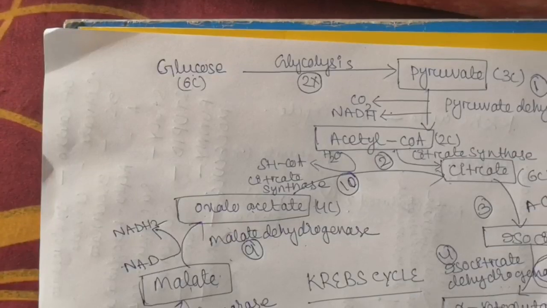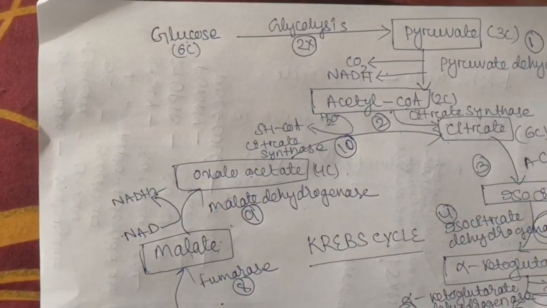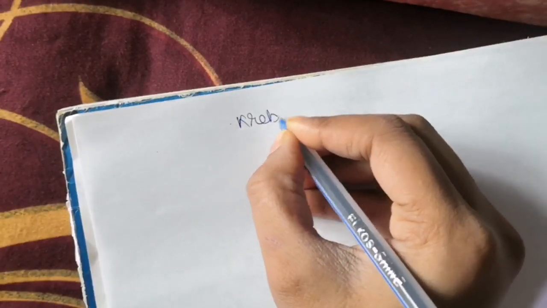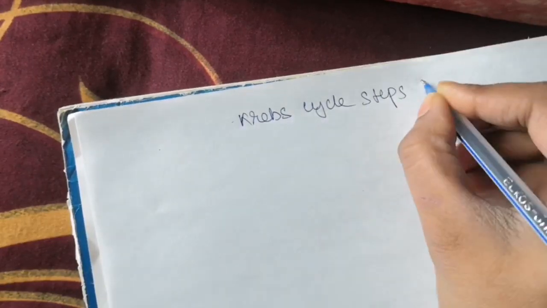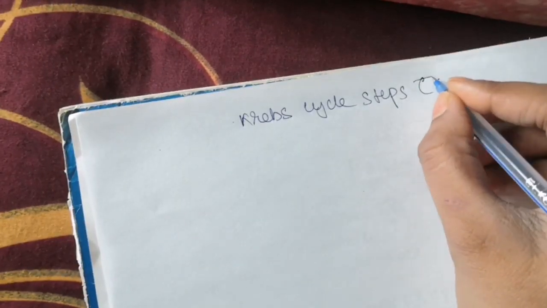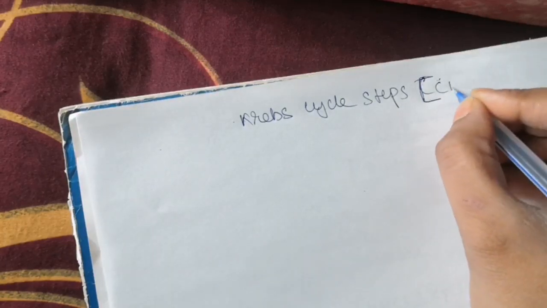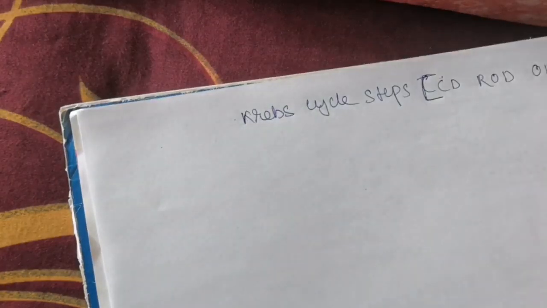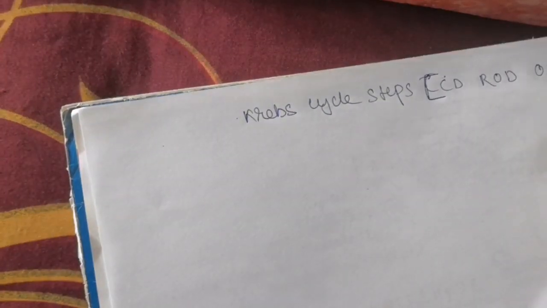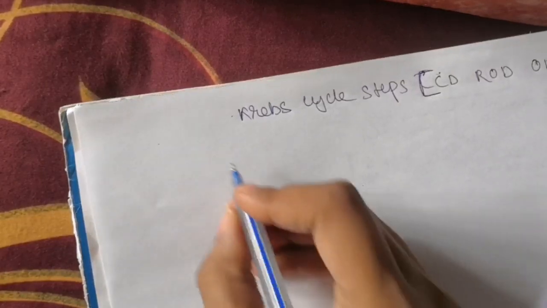Now let me tell you the steps of the Krebs cycle. Remember it this way: CD, rod, OD, POHO.